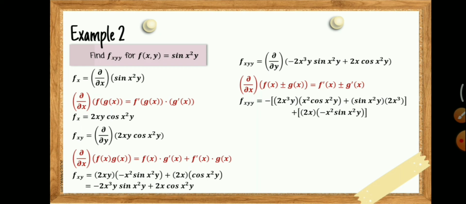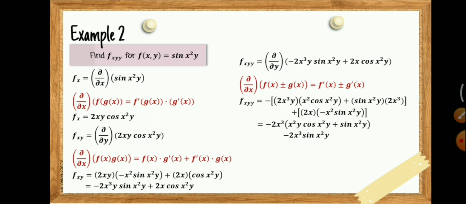So using the multiplicative and additive inverse, we have now negative 2x cubed times the quantity of x squared y cosine x squared y plus sine x squared y, minus 2x cubed sine x squared y.